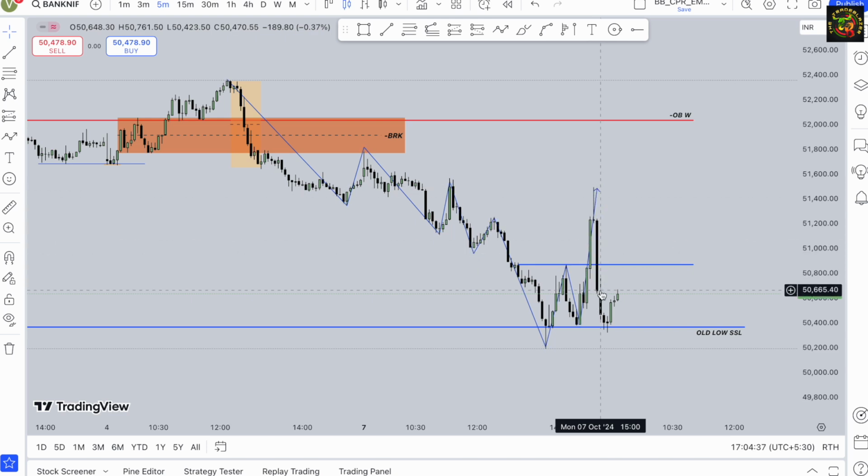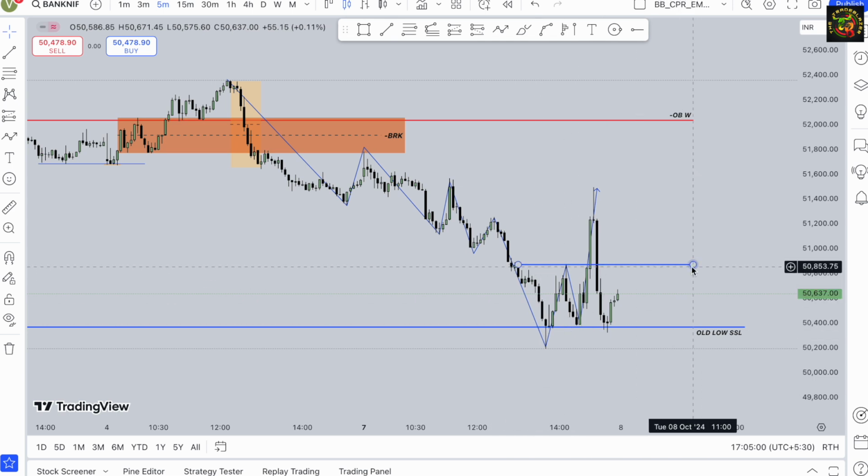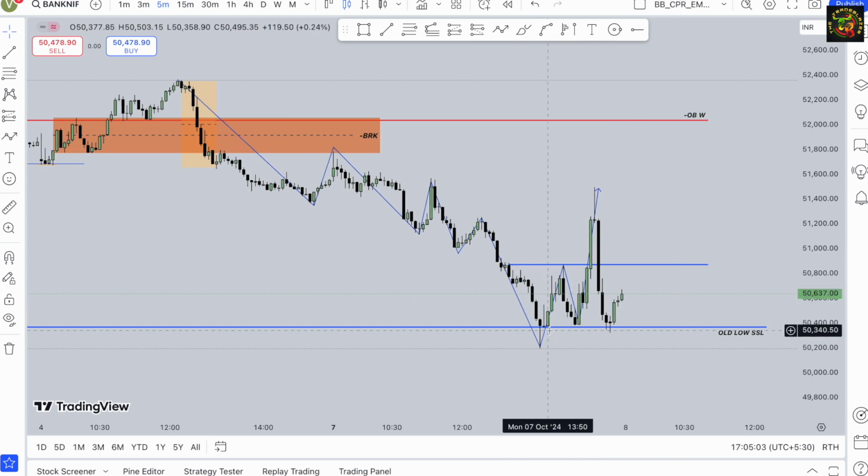Once it is back to this area where they can see a little bit of increased profits again, they would sometimes exit the trade, with which we can see a continuation in the upside, right? So that is the logic behind the mitigation block. This block is considered a mitigation block, where they will try to mitigate the difference in their profit, right? So that's something similar to the breaker block logic.